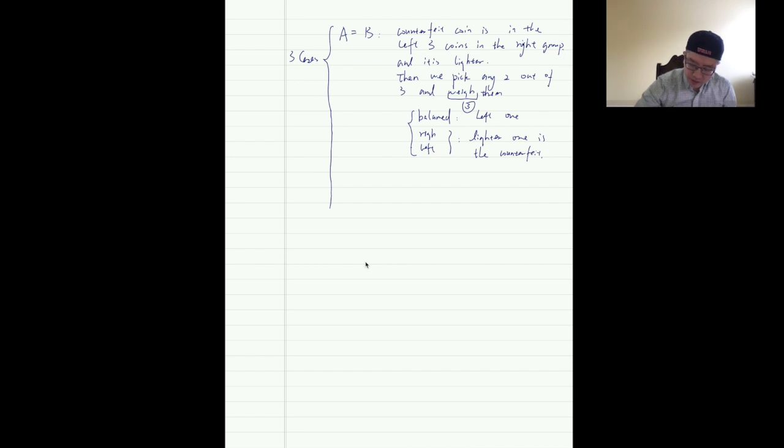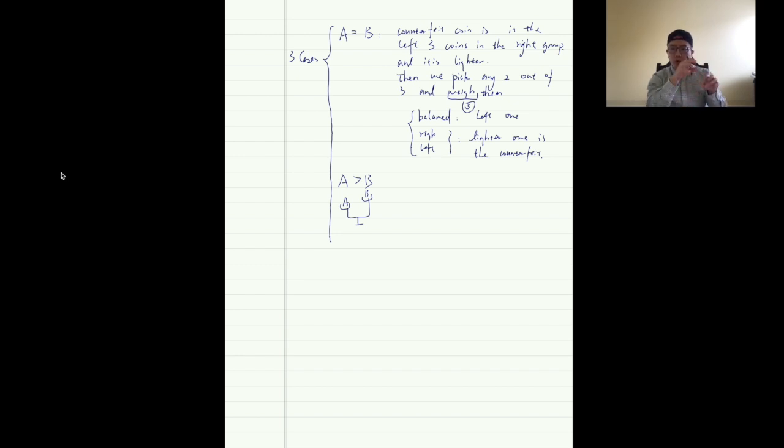The second case is when A is heavier than B. This means it will look like this. Great. In this case, we still don't know where the counterfeit is, and whether it's heavier or lighter. So what can we do? What we know from the left group is that we have a regular coin there, and we have other 2 coins from the left.